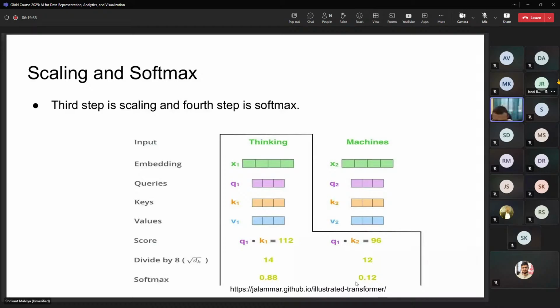So ultimately, after applying the softmax, you will find that the current word is dependent on itself by 0.88 and dependent on machines by 0.12. That's how you find out how much weight should be given to a particular term in the sequence.